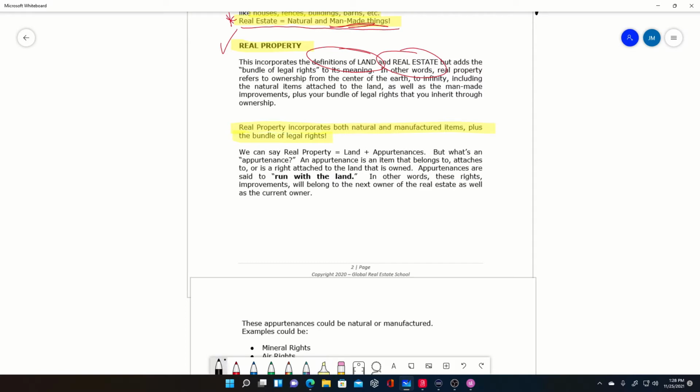Now, keep in mind, they could ask you questions on the exam that present some scenarios, and we'll go through one here in just a moment, and they'll want you to say what is that definition? How does that definition play out? So just understand that they're going to throw these at you in some different ways.